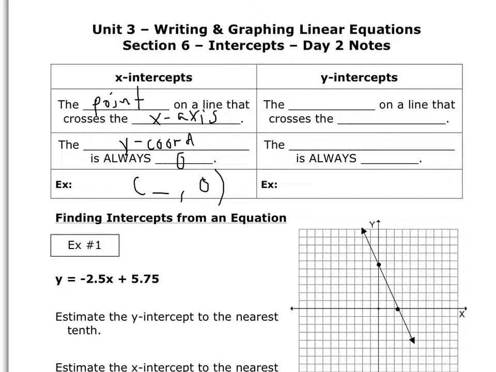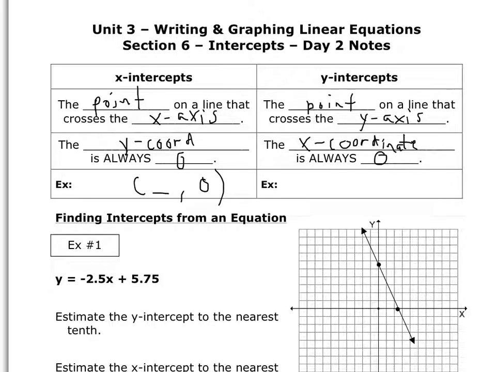Okay, so y-intercepts, if you remember, is the point on a line that crosses the y-axis. And we know on our y-intercepts that the x-coordinate is always 0.